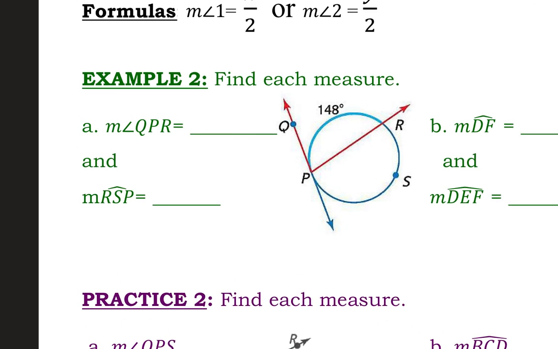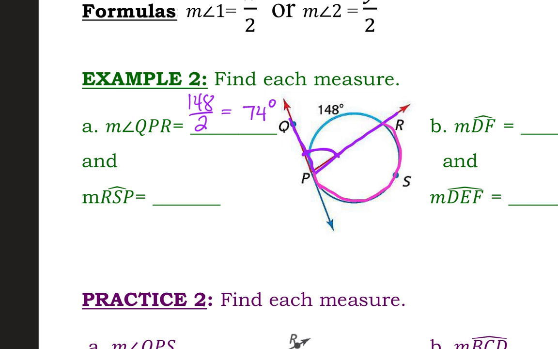Angle QPR. Q, P to R is this angle here. So what would I do to the 148? Half it. 148 divided by 2 gives me 74 degrees. Then they're asking for arc RSP.